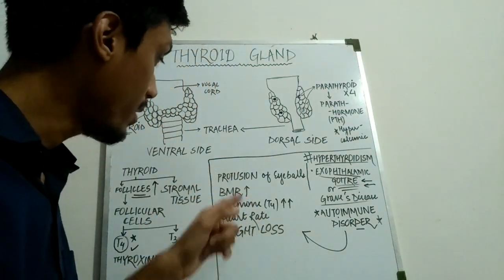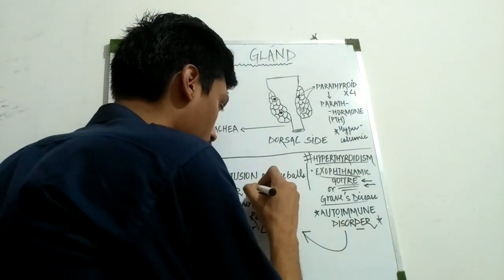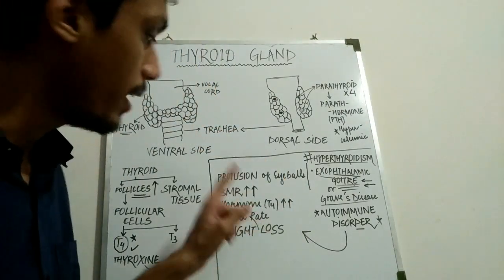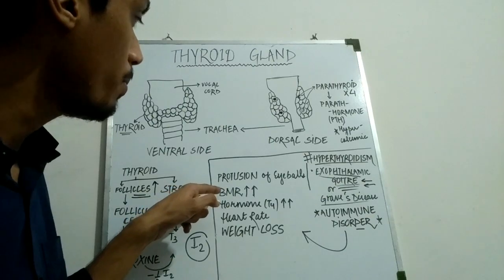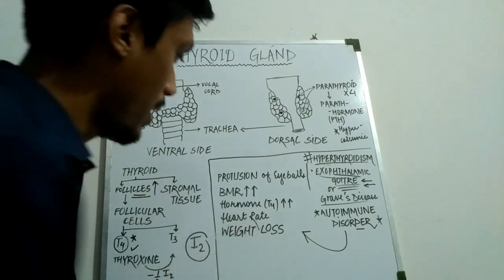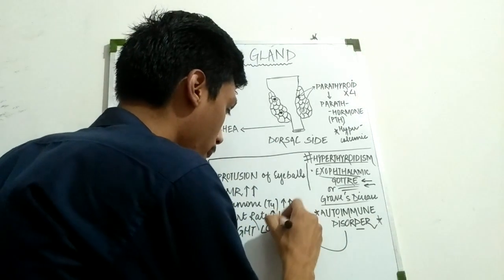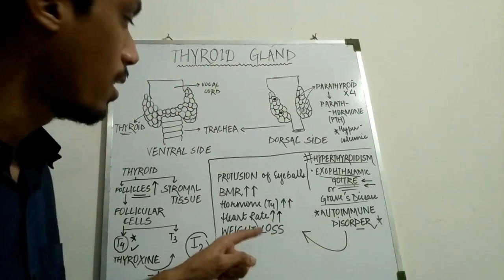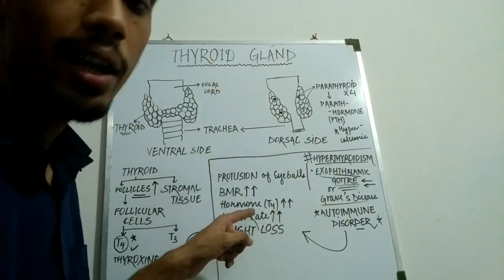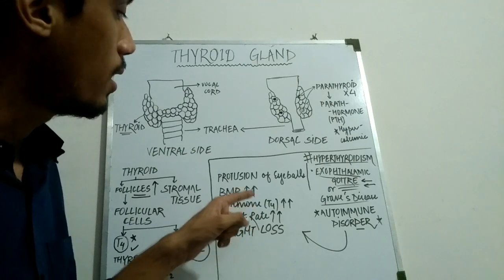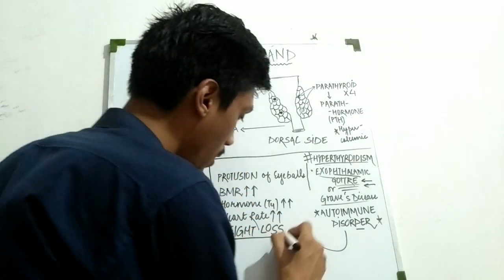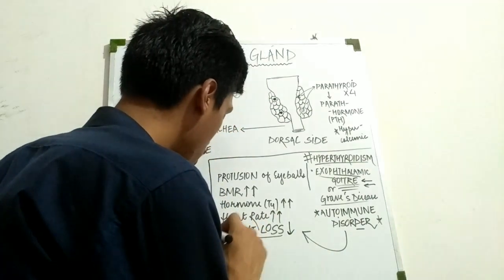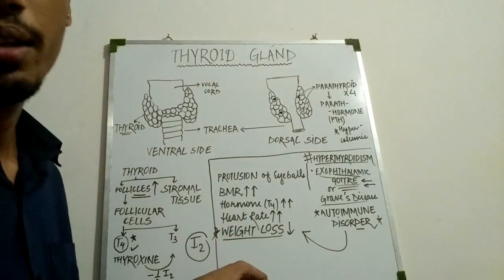BMR will increase rapidly because the hormone level rises. Heart rate will be high. So high heart rate, high BMR, increase of thyroxine hormone, and weight loss. Weight loss is very important because it is mentioned in the NCERT.